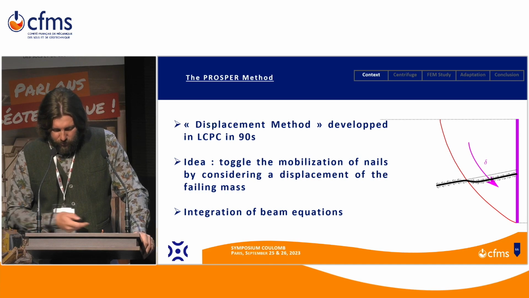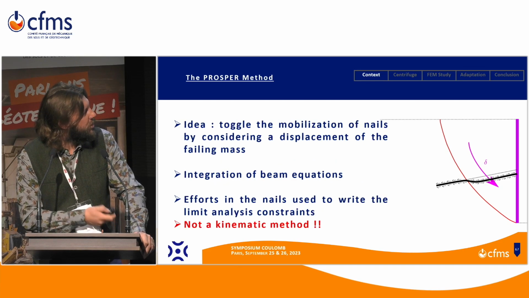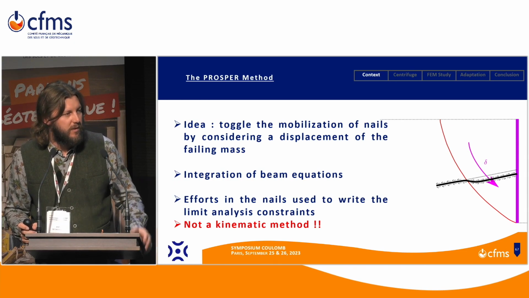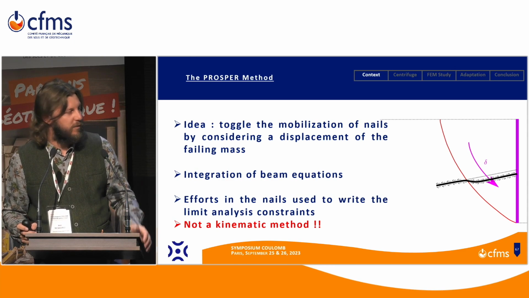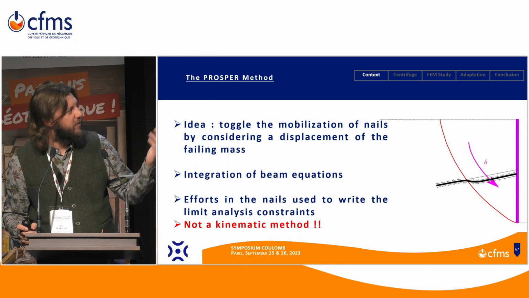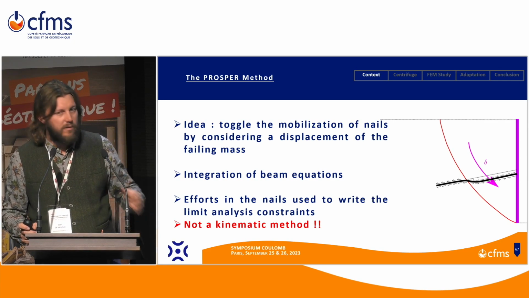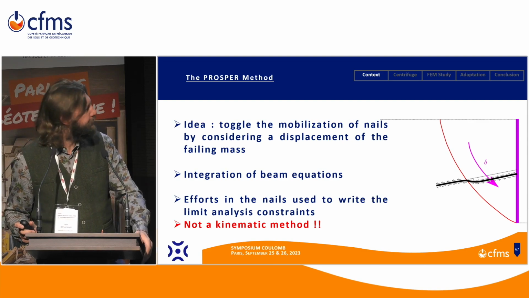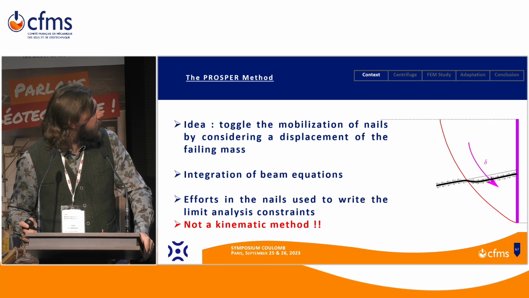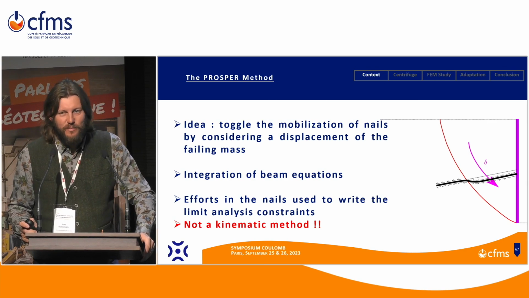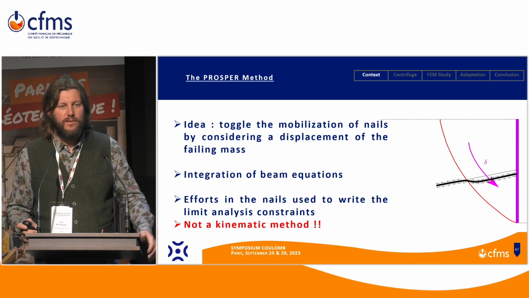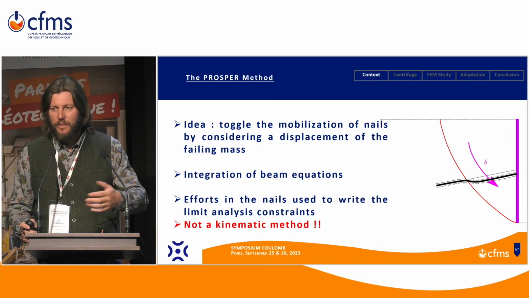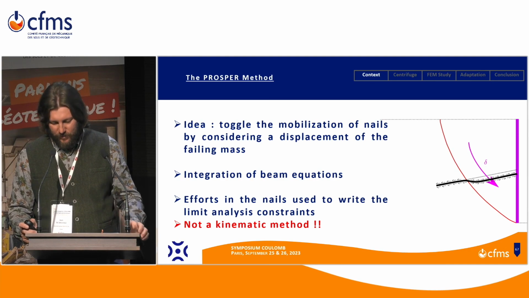Once you integrate the beam equation, you are able to know the generalized stresses in the beam, and especially on the failure surface. So you can take the values of T and N on the failure surface and include them in your comparison of driving forces and resisting strengths. I said it's not a kinematic method because actually it's rather a static equilibrium, and the displacement delta is not a real displacement. It's mainly a way to mobilize the nails.